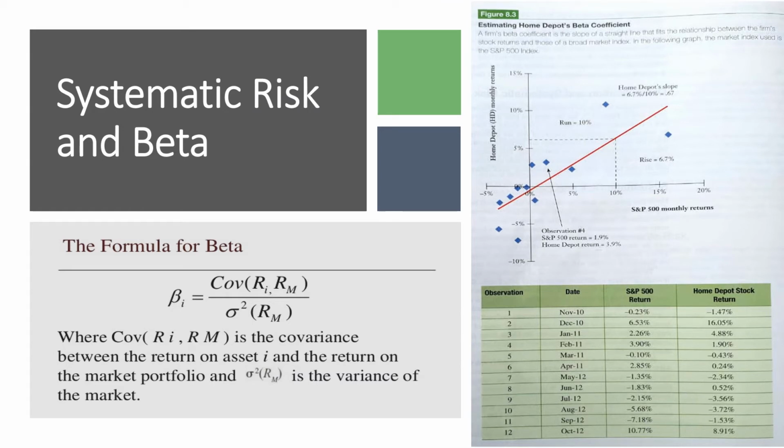Up to this point, you have understood the basic intuition behind systematic risk and why it is important for investors to be able to recognize this type of risk in their investment. So in this slide, I will describe how systematic risk is measured. In order to measure the systematic risk of an investment, we will estimate what is referred to as the investment beta coefficient, or often simply called beta.